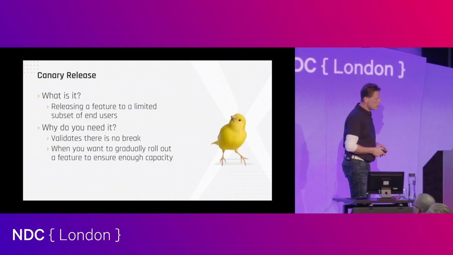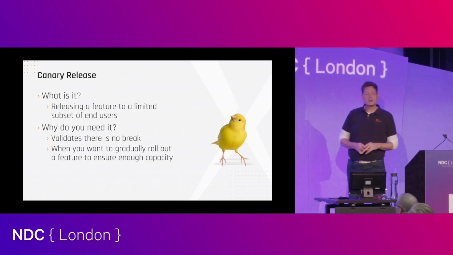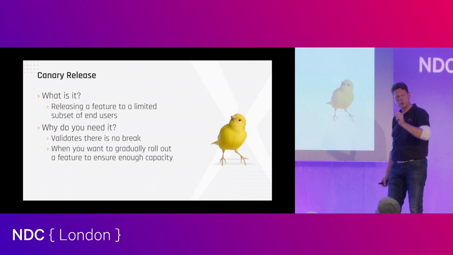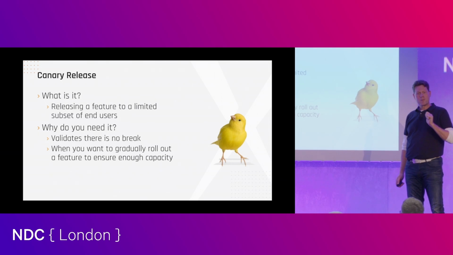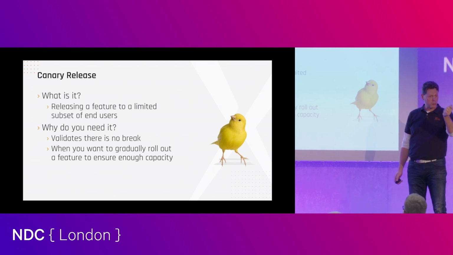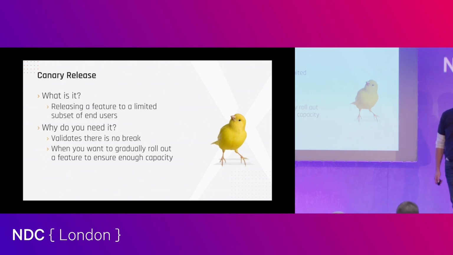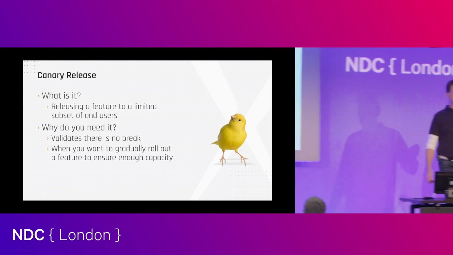Now, the other thing that you can do is the notion of a canary release. And a canary release is where we say, okay, release something to production, and only the specific group of users is going to use this particular feature, and we're going to validate that things are not breaking.